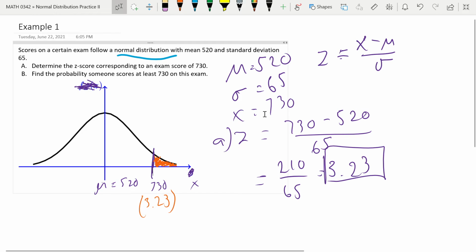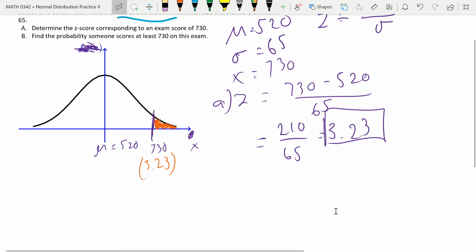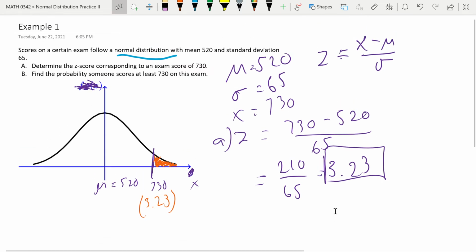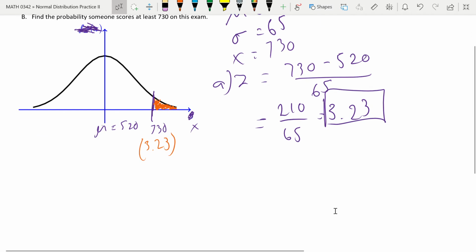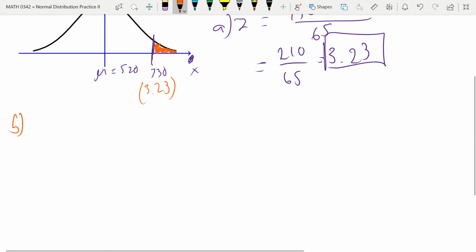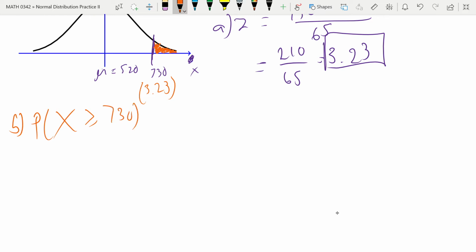To get that probability, we will think about what we did before. Let's cast this problem in some inequality language. I want the probability that someone's score, let's say x, is bigger than 730. We already transformed x to z, so now we're looking for the probability that the z-score is bigger than 3.23.